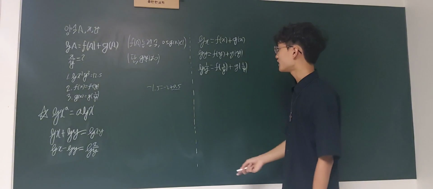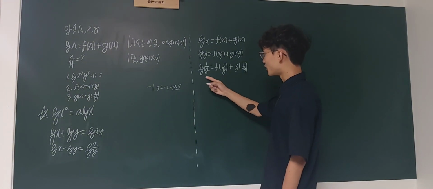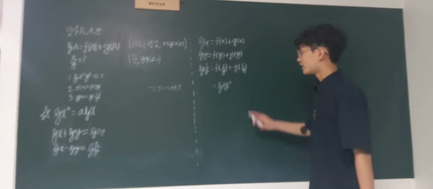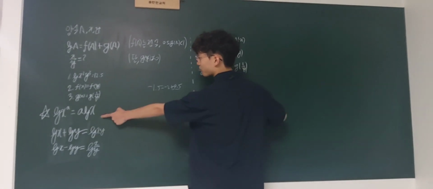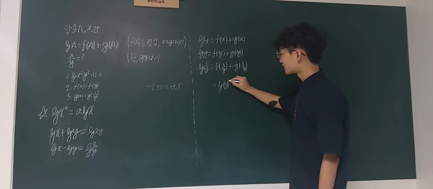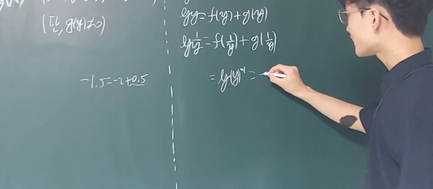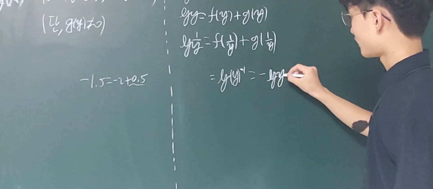Now, I want to manipulate this quite a bit. We know that this is equal to log y to the power of negative 1. If we use this property, this negative 1 comes out front, so it is negative log y.